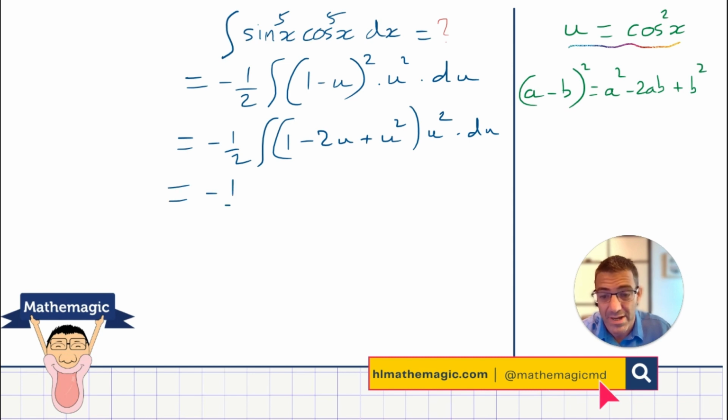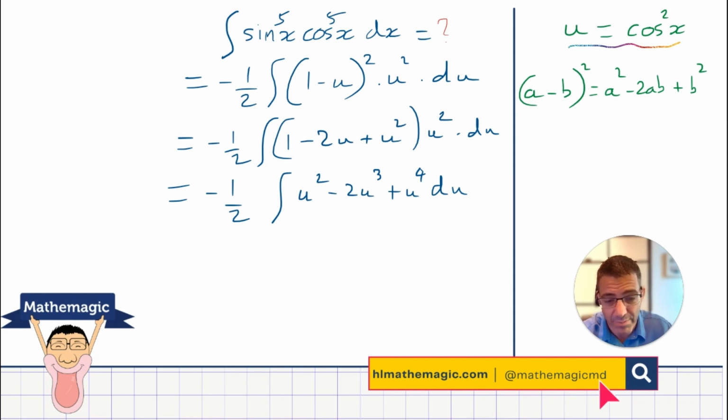So this will be minus a half of the integral of u squared minus 2u cubed plus u to the power 4 du.